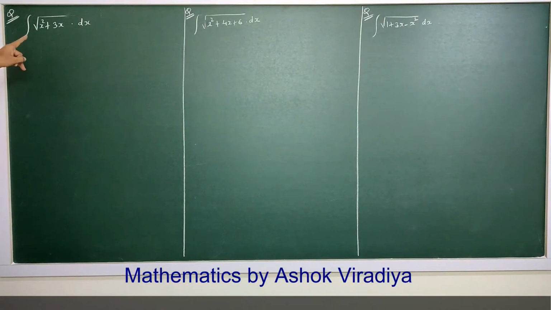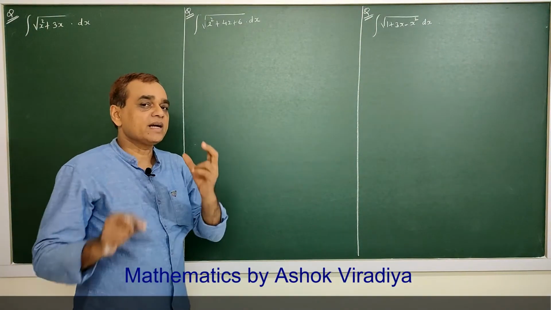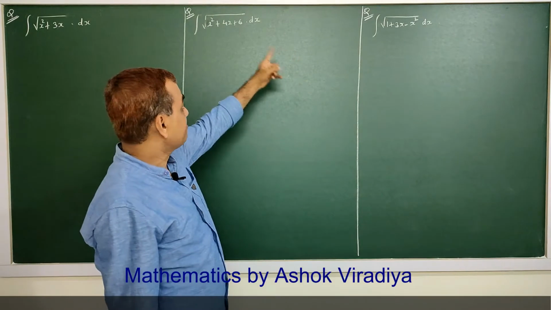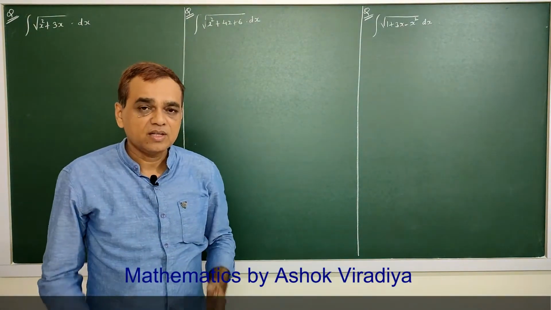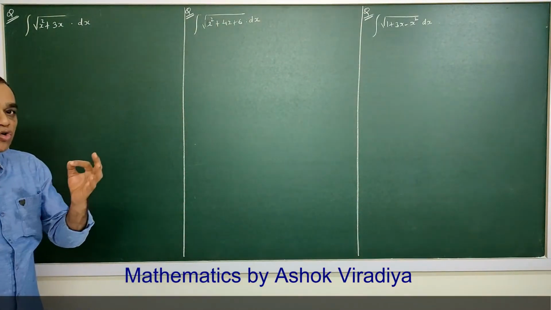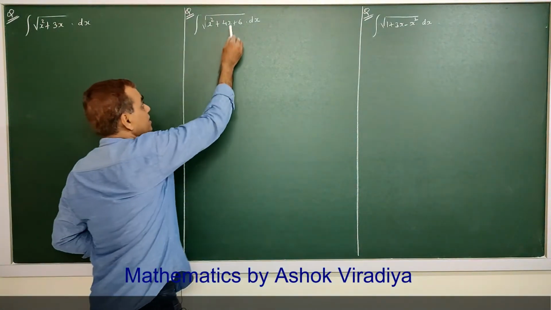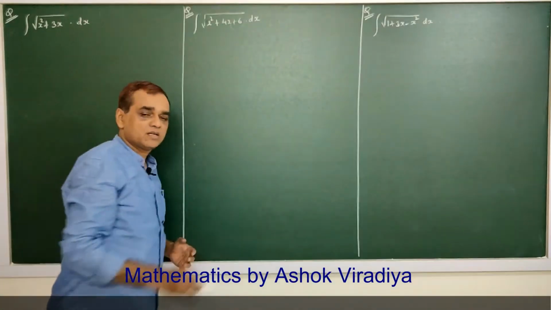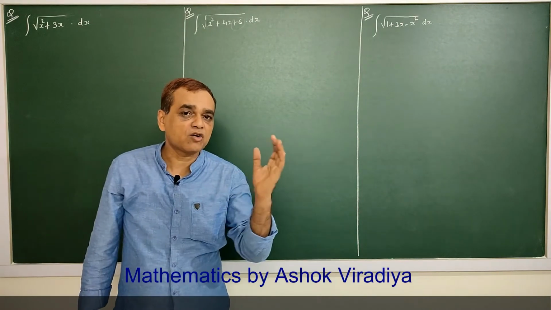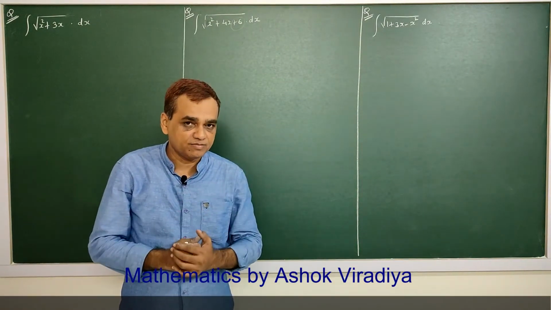Square root of x square plus 4x plus 6. See, if any quadratic polynomial is given inside the radical sign, then first of all we shall split up the constant. We shall split up the constant in such a way that one part of that constant becomes the last term of a perfect square polynomial.